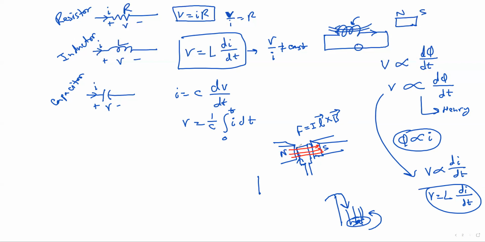But the coil has 4 parts, and the almost horizontal parts do not feel any force of this sort, because they are aligned with the magnetic field. But the longer 2 sides encounter forces.